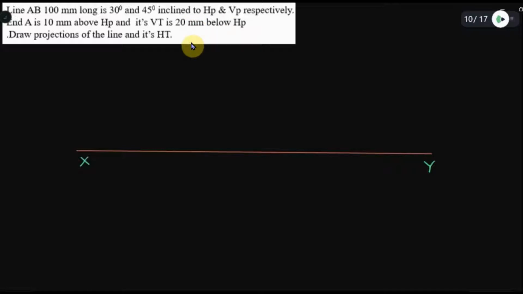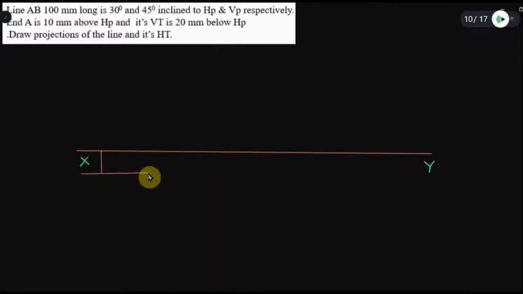So that means VT is 20 mm below XY. We take 20 mm below, and thereafter we can locate, that is for the dimensioning. So this is at the level of 20.